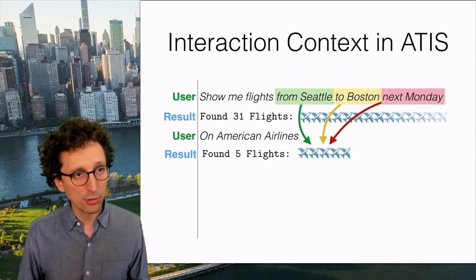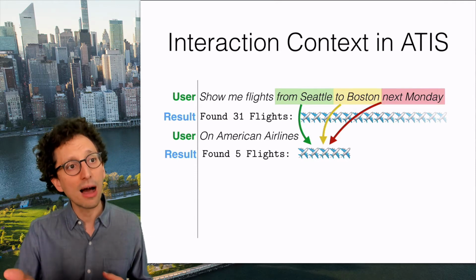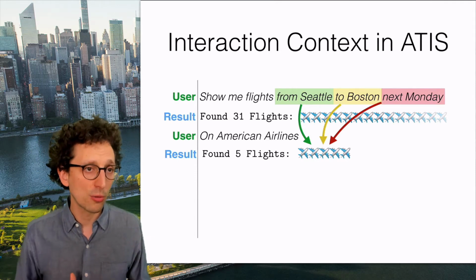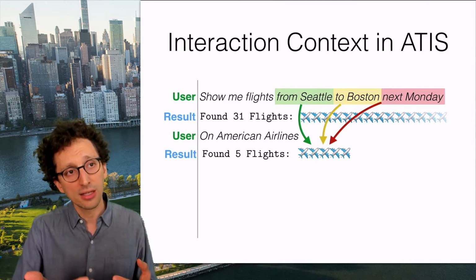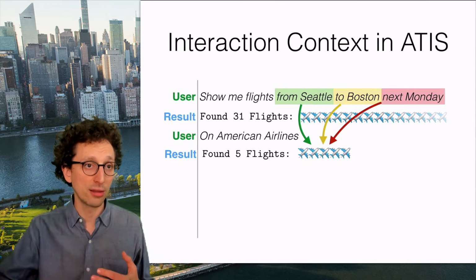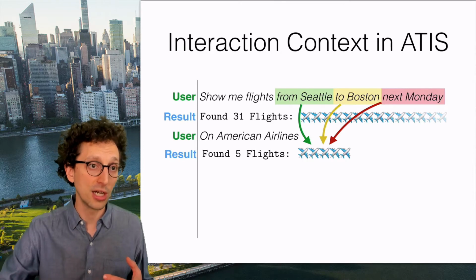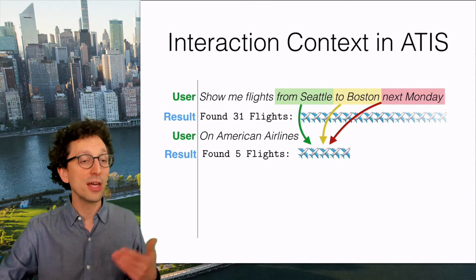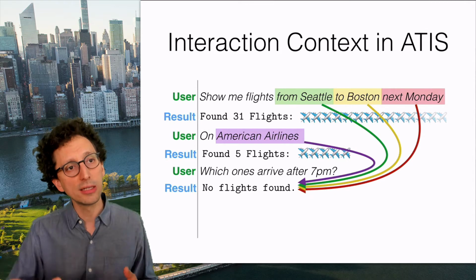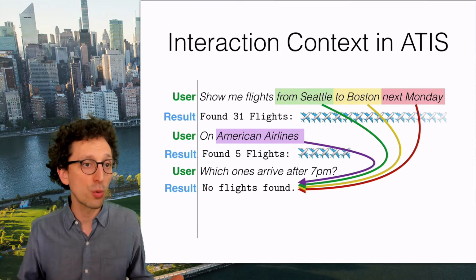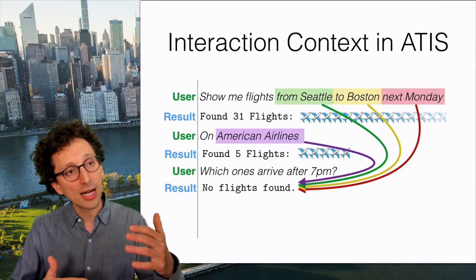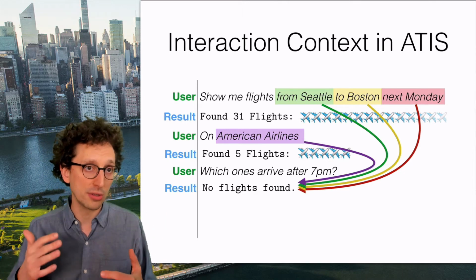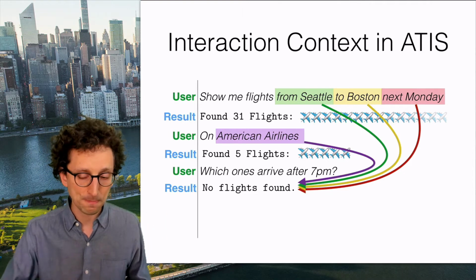If you go back to our example, you can see how, as the user gives an additional request, like on American Airlines, to generate the SQL query to query the dataset, it actually has to take into account constraints from earlier in the interaction, from the first utterance. As the interaction progresses, this becomes increasingly complex. In the third utterance, which is arriving after 7 p.m., the system already has to take into account constraints from two previous utterances, the first and the second one.